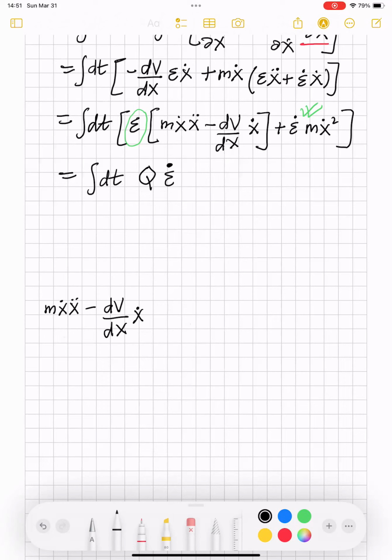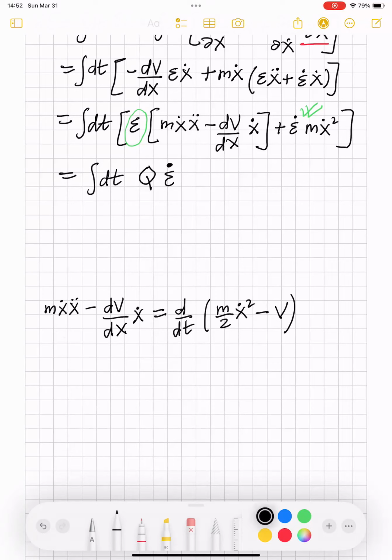It's not very hard to see that this is nothing but d/dt of m/2 x dot squared minus V. If I take the d/dt on the first term, because of the square, I'll get a 2 coming down, and when I differentiate the x dot, I get x dot dot. So indeed, I'll get m x dot x dot dot. And then minus, the potential only depends on x, so it'll be dV/dx times x dot.